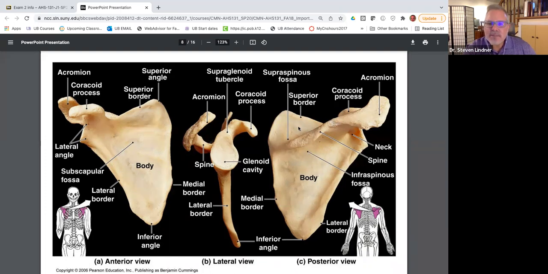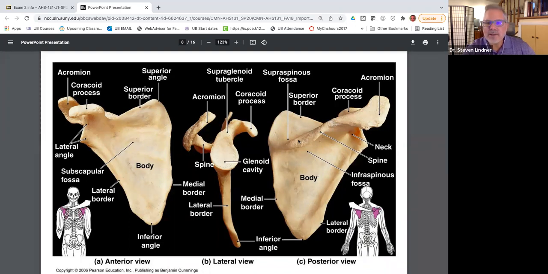The fossa above it is called the supraspinous fossa. Spinous because this is the spine of the scapula. It's a smooth depression above it. So we call it supraspinous fossa. And below it, we have the infraspinous fossa. Again, supraspinous fossa, infraspinous fossa.